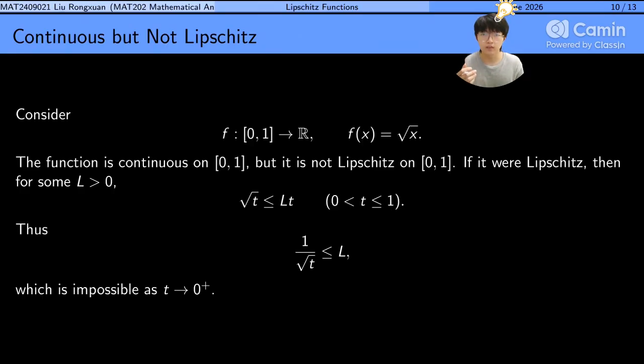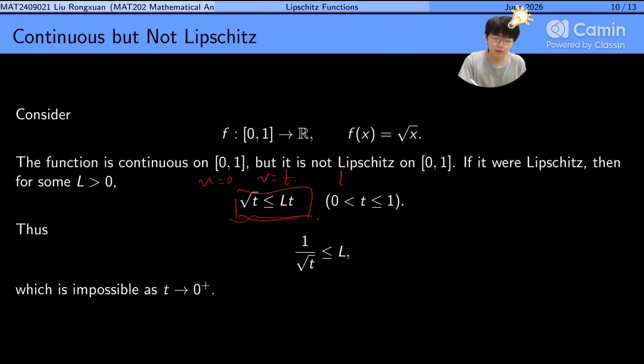The function is continuous on 0 to 1, we know it already, but it's not Lipschitz. If we assume it is a Lipschitz function, then for some constant L bigger than 0, we get this. This is the definition of a Lipschitz function. We let u equal to 0 and v equal to t. So we get this.